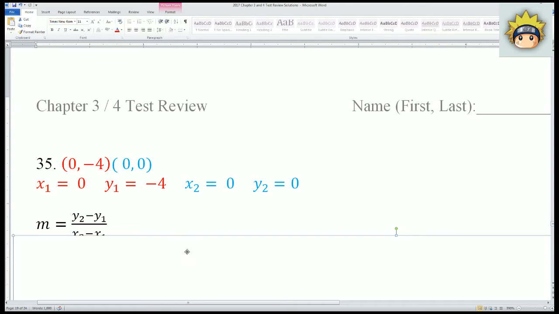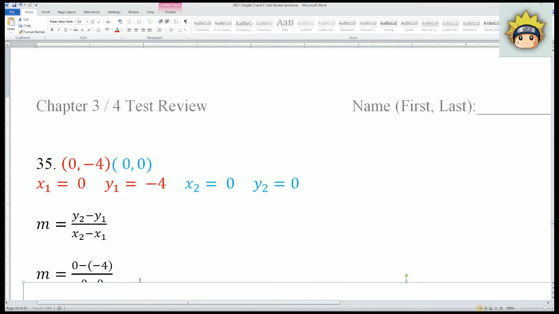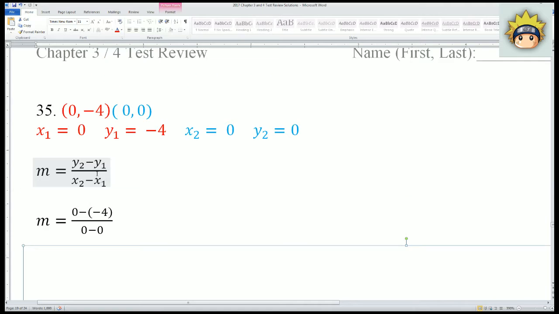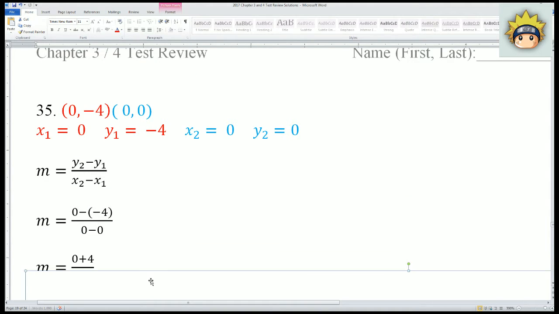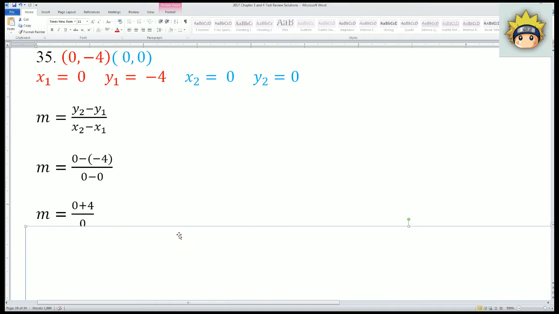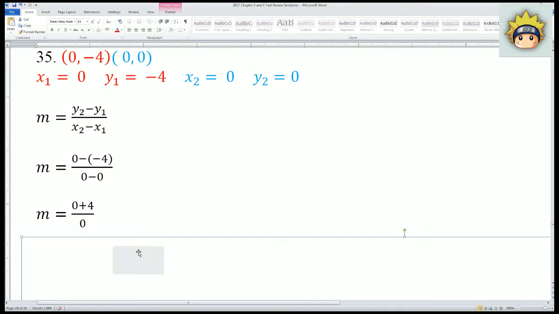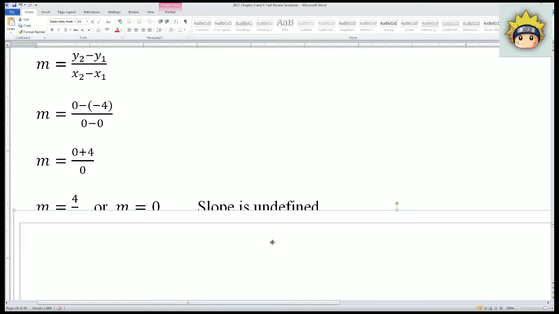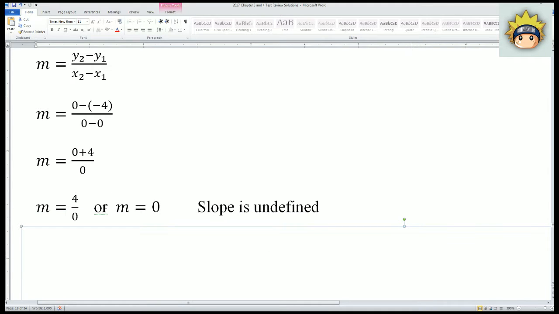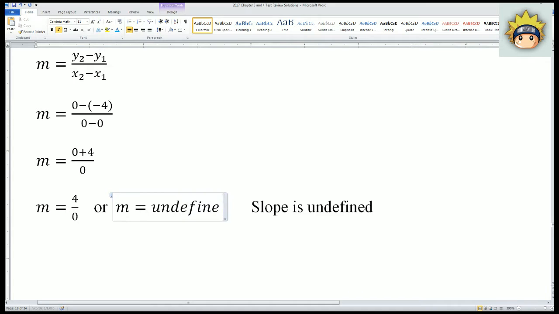Here's my equation, y2 minus y1 divided by x2 minus x1. You can make those substitutions. So it becomes 0 minus negative 4 divided by 0 minus 0. Minus a negative 4 is the same thing as adding a 4. 0 subtract 0 is just 0. 4 divided by 0, or m is equal to undefined, right?